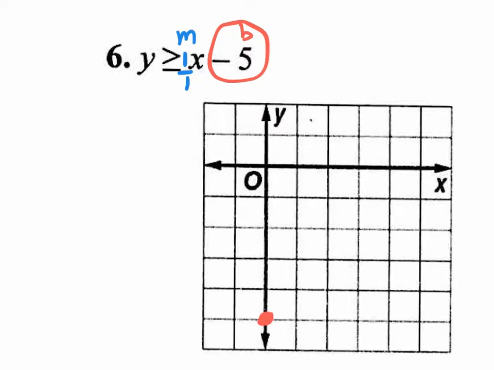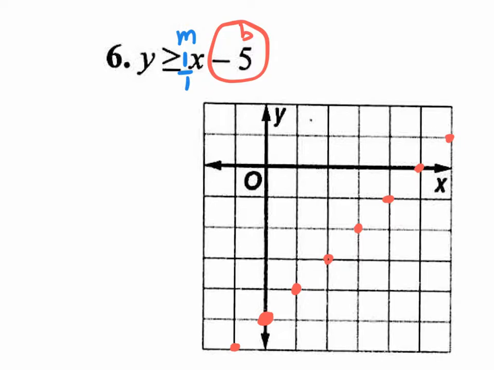Now from that point, do I rise up or do I go down? You rise up. The slope is positive, so you're going to go up 1 over 1. And then up 1 over 1. So you need to put a dot after you move up 1 over 1. Put a dot right there, and keep the pattern going till you get from one side to the other. And you could use the pattern backwards to go all the way clear across to the other direction.